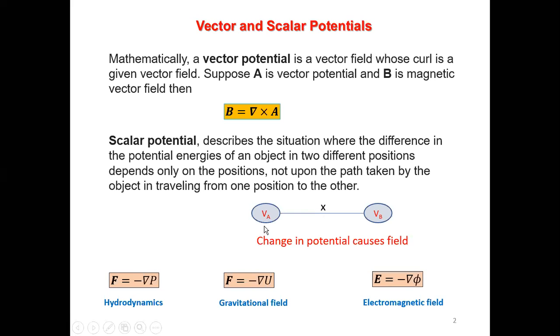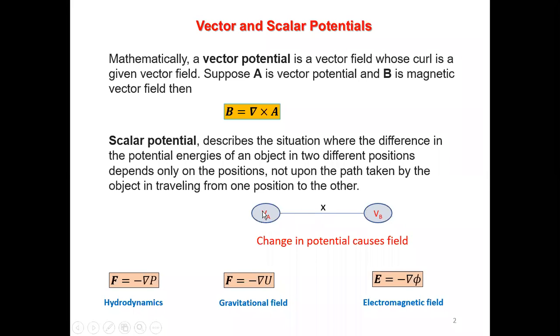The difference in the potential energy does not depend upon the path, but it depends upon the position. Suppose the potential at point A is VA and the potential at point B is VB, and the distance between them is x.